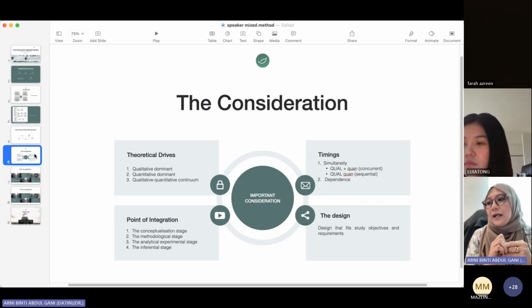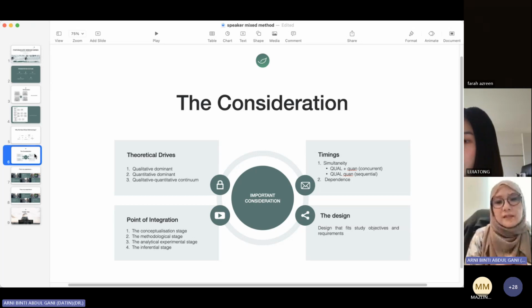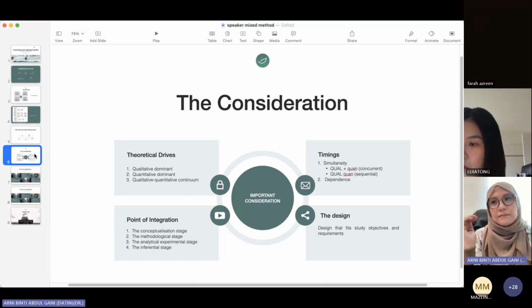Theory says there are many ways of point of integration, but I just listed four here. The first is the conceptualization stage, meaning the context when you are preparing, the base of the whole thing. That is the conceptualization stage in the context.